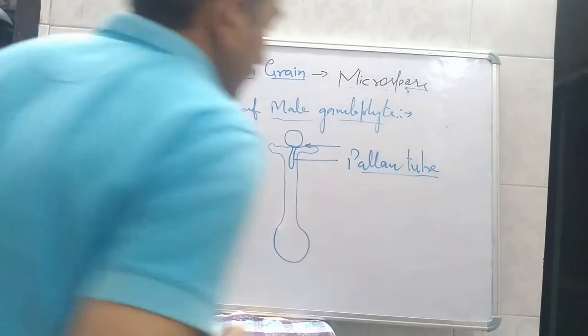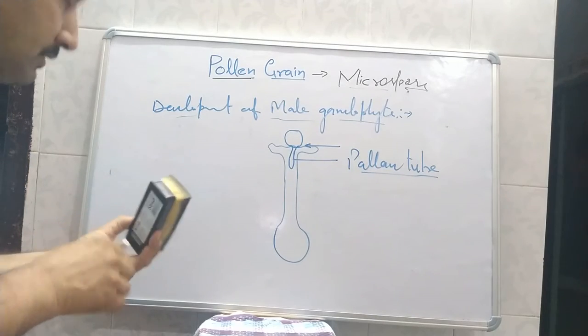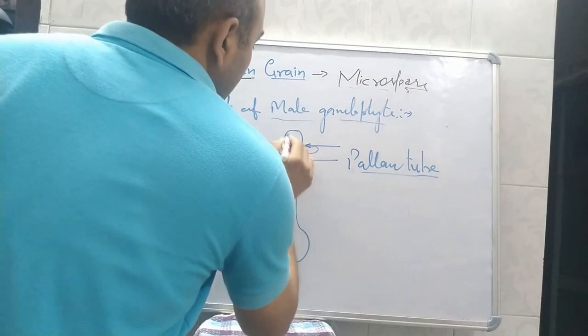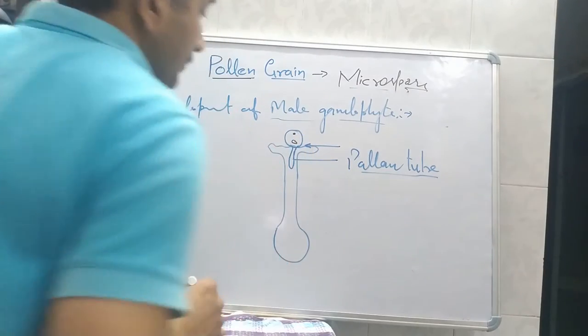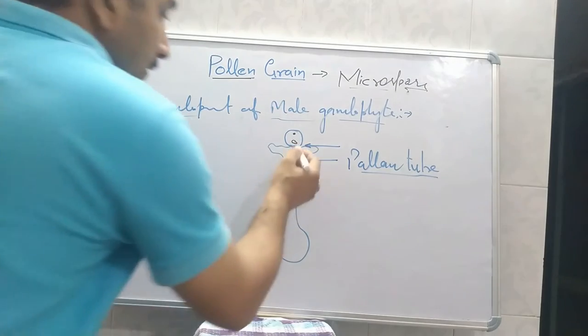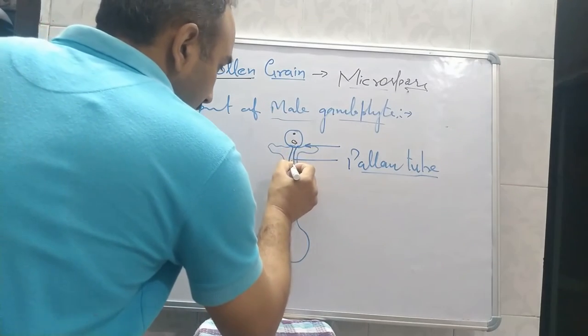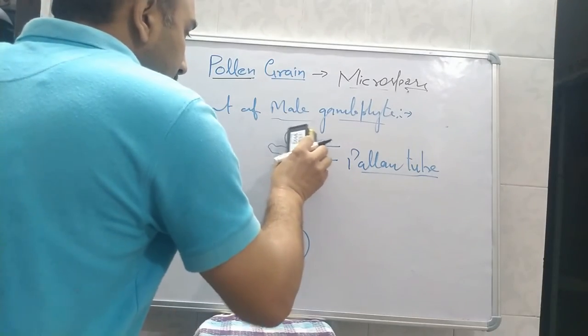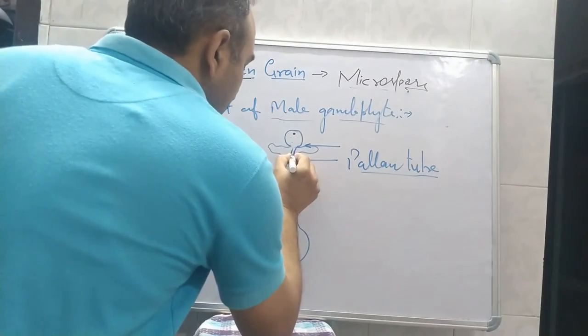First of all, हमने यहाँ पर कहा कि in this pollen tube there are two nuclei, a large size nucleus and a small size nucleus. Large size nucleus is known as the vegetative nucleus. So the vegetative nucleus first comes down in the pollen tube, followed by the generative nucleus.